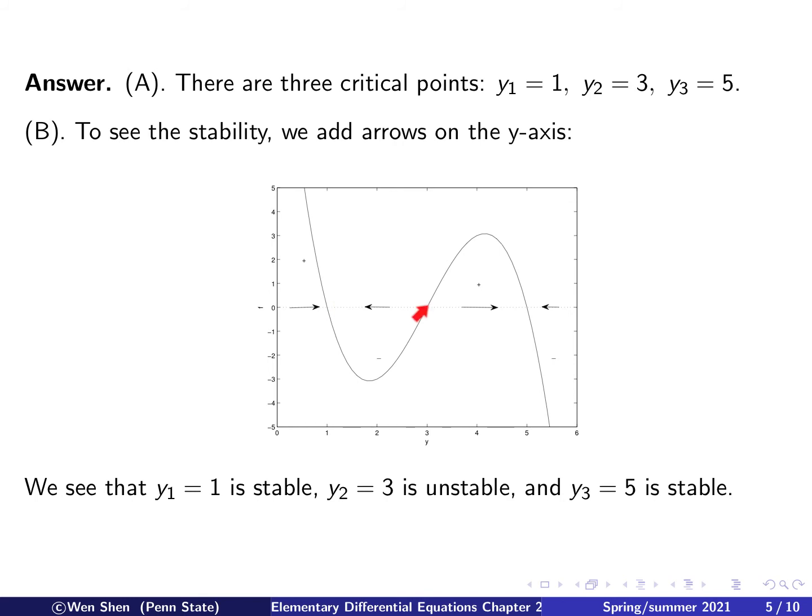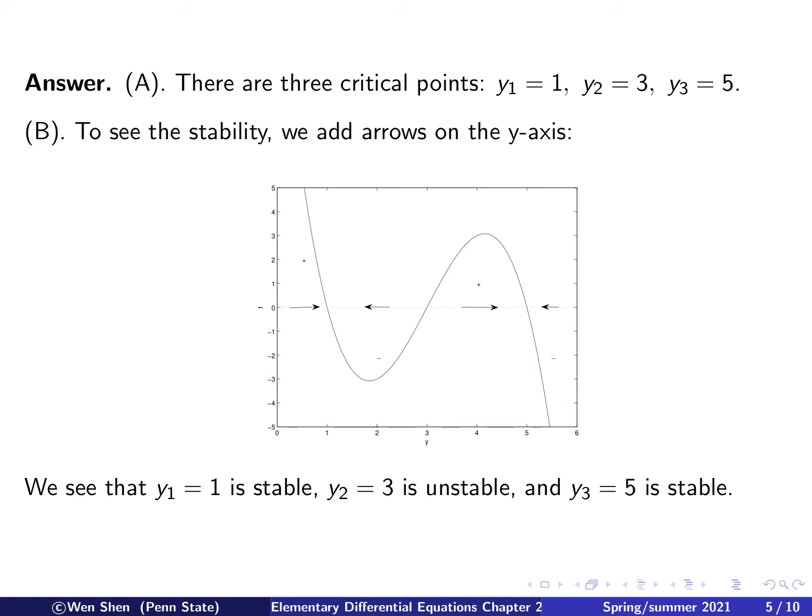Between 1 and 3, f is negative, y prime is negative, the solution decreases. Between 3 and 5, f is bigger than 0, y prime is bigger than 0, the solution increases. The direction of the arrow is important. And for y bigger than 5, f is less than 0, the solution decreases. So we have all these arrows nicely pointed along the f equals 0 line.